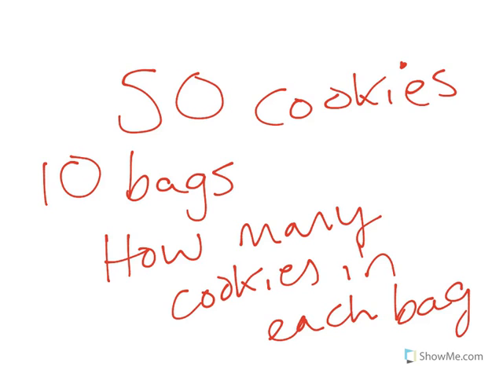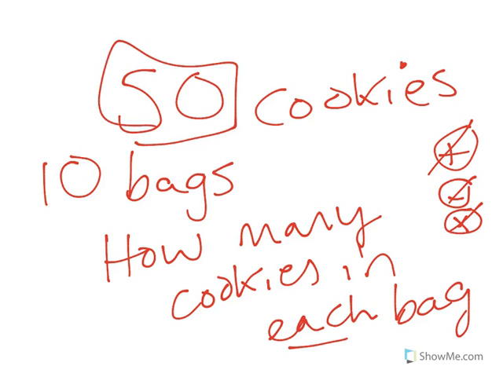Pause and solve. So, is it a put together or combine problem, which would be plus? No, it is not. Is it a find out how much more or how much less problem? It is not. Is it putting together groups? We're not putting together, we're saying how many each. So it's not multiply. We're separating it into equal groups. We're separating 50 cookies into 10 groups. So it's 50 divided by 10, and that would be 5 cookies in each bag.